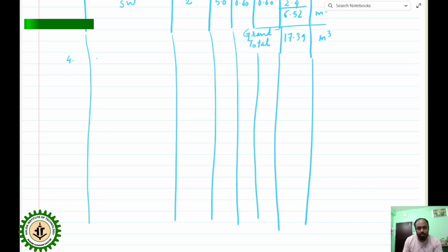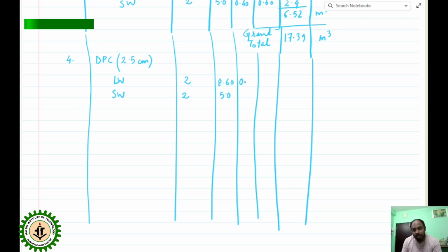This is the fourth item, DPC, 2.5 centimeter of long wall and short wall. Length is 8.60. This is 5.0. In this case, width, because we are applying the DPC in the plinth level.